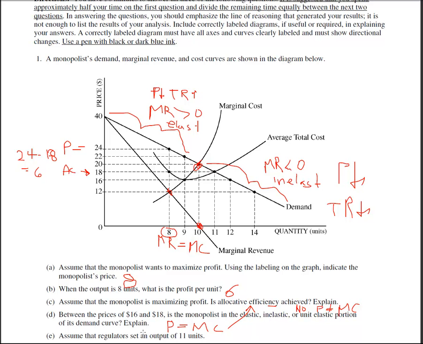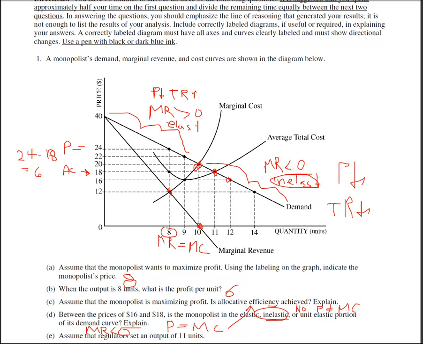So in this case, assuming the price is 16 and 18, where's 16? 16's right here. 18 is right here. Those are both in the inelastic portion. So right here, it's inelastic, and that's because marginal revenue is less than 0.